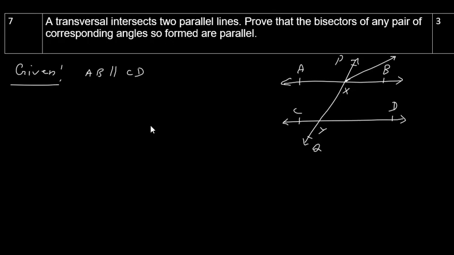So I can name this as, this is X, let us name this as U, XU, and one more bisector I will draw here. This is Y and I will name this as V. So given AB is parallel to CD, what else is given?